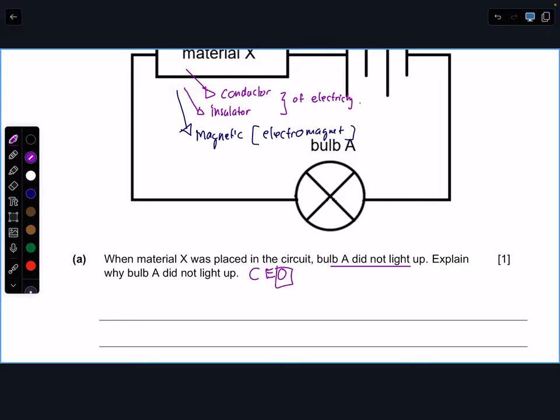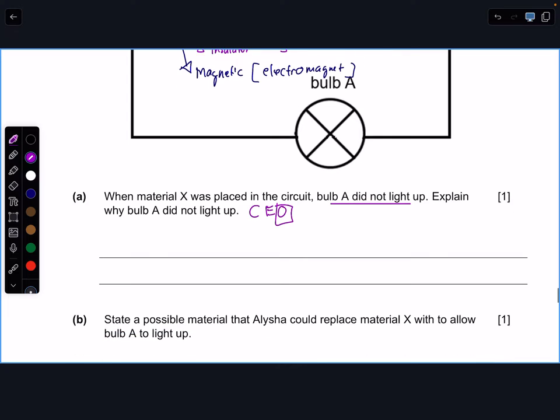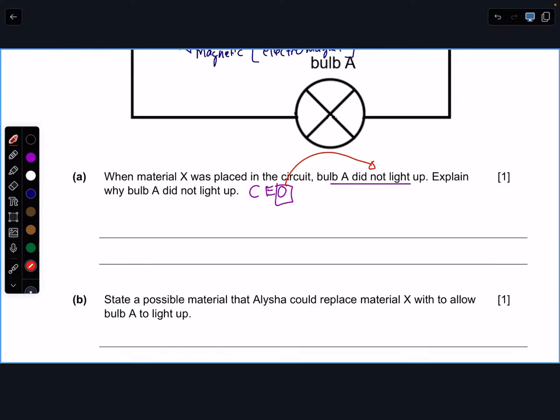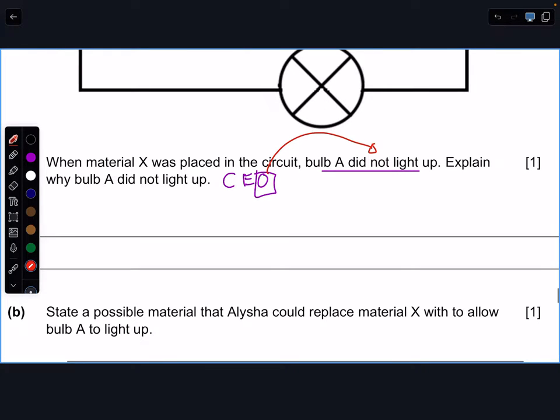Finished already. So what must you use? C and E. Even if you answer O inside, it is fine. No wrong. But I'm just saying that because the O is already here, you have to talk about C and E. So X was an insulator of electricity.